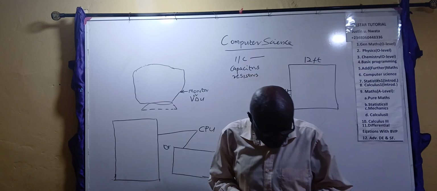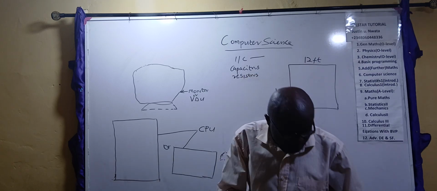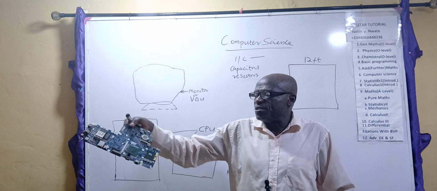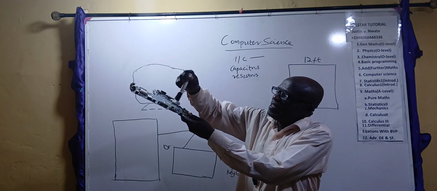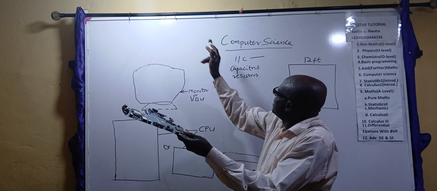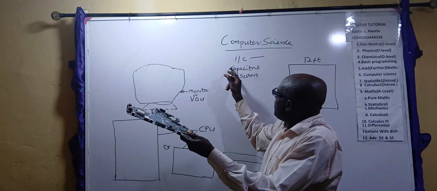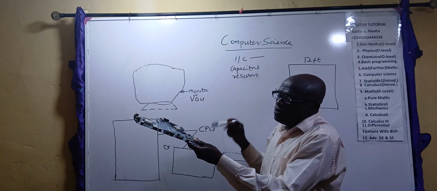For instance, this is the engine of a laptop. All these tiny things you are seeing here are what I'm calling by different names: integrated circuits, capacitors, resistors, and so on.